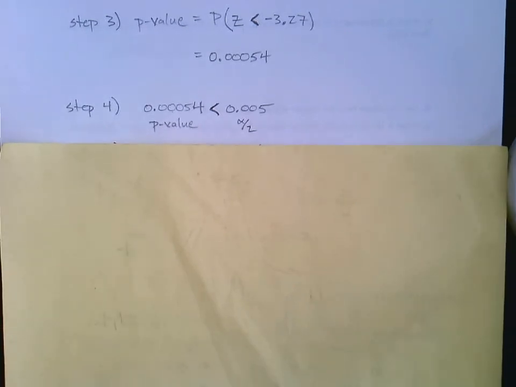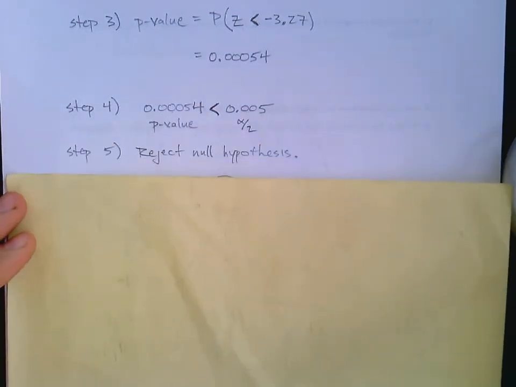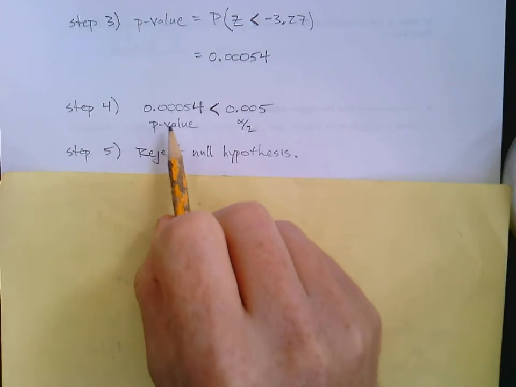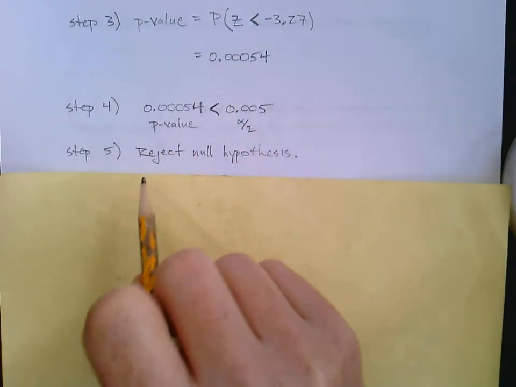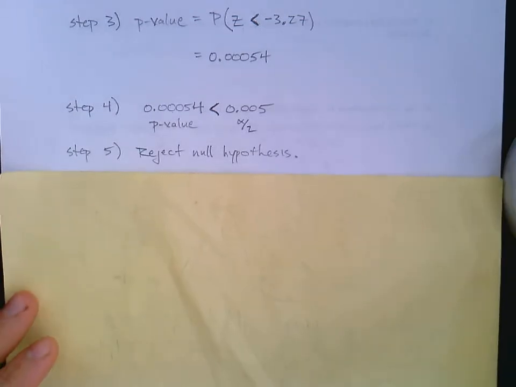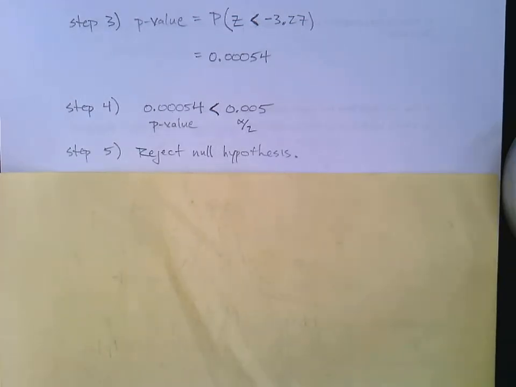So what does that mean for step number 5? Do we reject or do we fail to reject? Well, if our p-value is less than our significance level, then we reject. We landed in a shaded region. There is enough evidence to reject the null hypothesis.